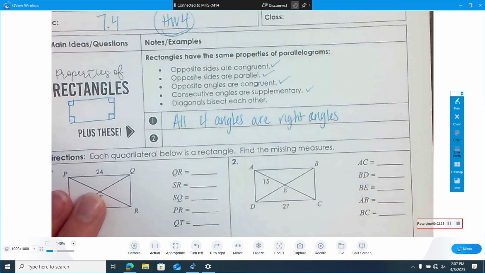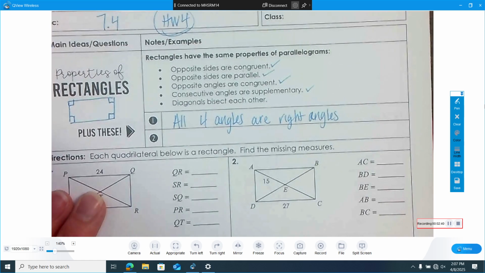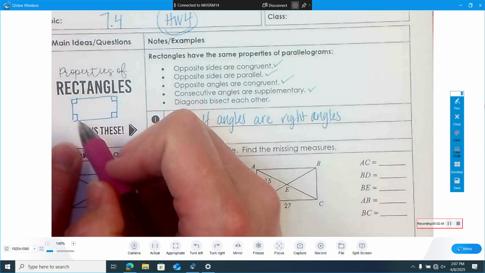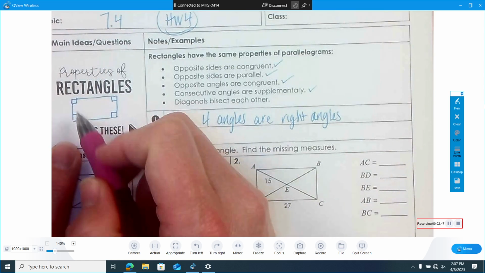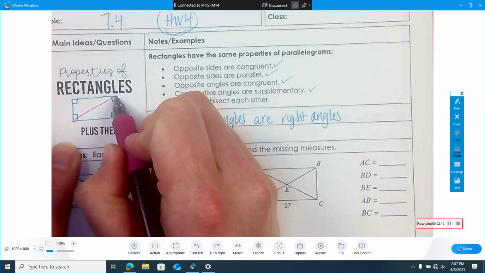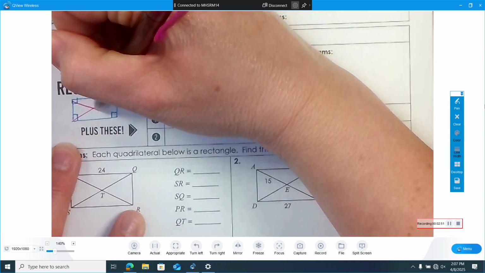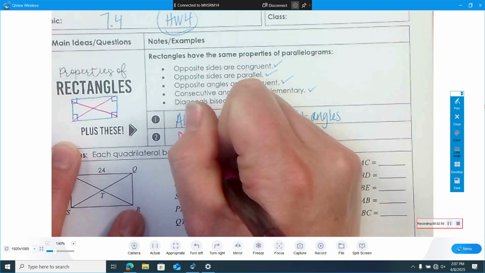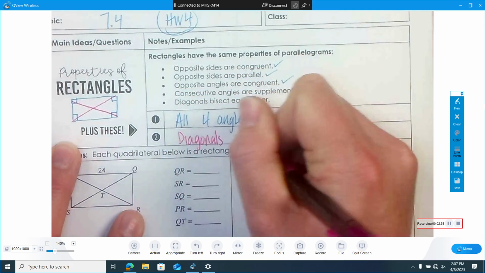And so that's extra special. It also gives us something else rather interesting. Because we have right angles, the diagonals turn out to be the same length. So these diagonals are congruent.